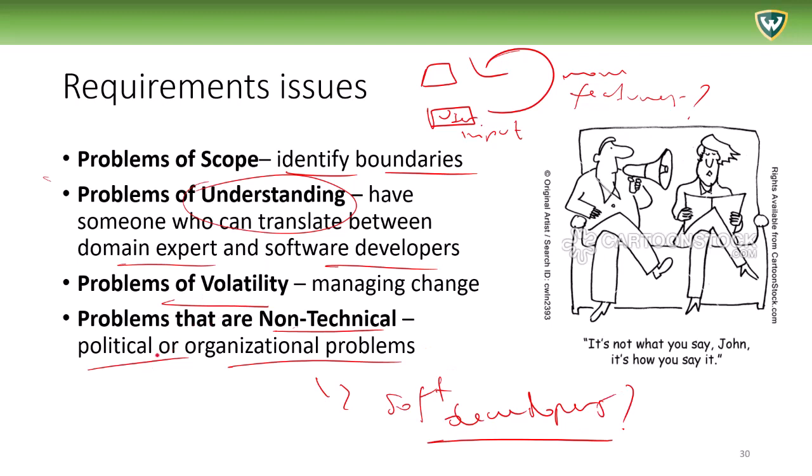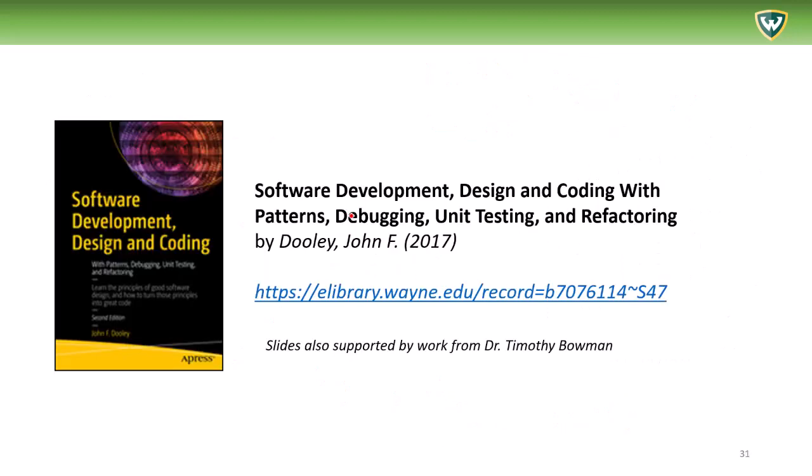But either way, there can be political and organizational problems that will impact the features that need to be made, and that's one of the issues, this set of issues, when we're dealing with software development as well. So that's something about issues in requirements. That's something about requirements in general.